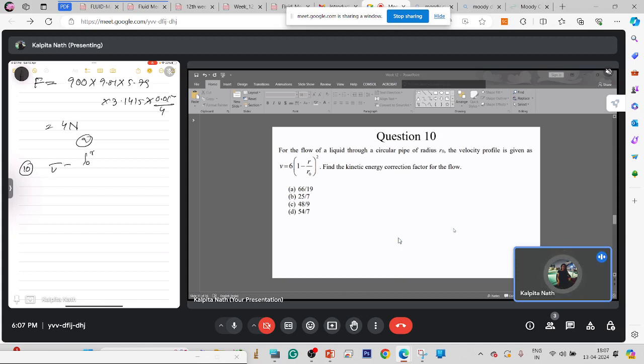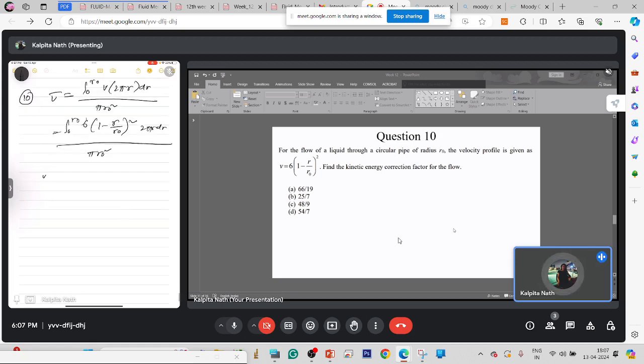So this is integral 0 to r0 of v 2 pi r dr upon pi r0 square. So this is integral 0 to r0 of 6, 1 minus small r upon r0 whole square, 2 pi r dr, upon pi r0 square. This came out to be 1 unit.